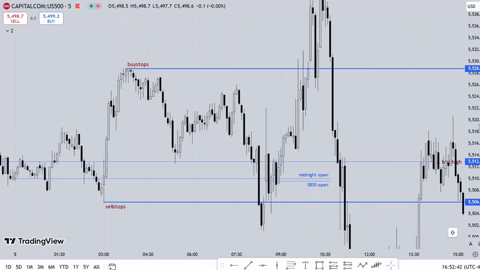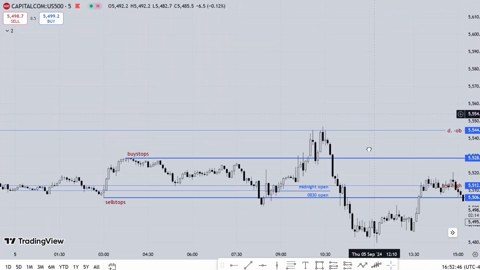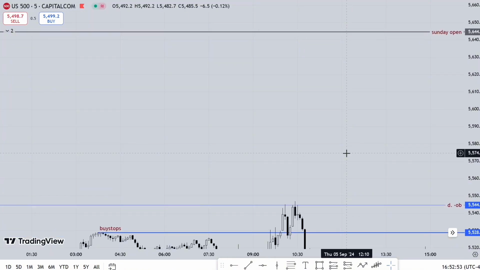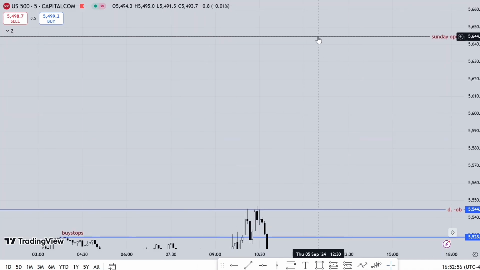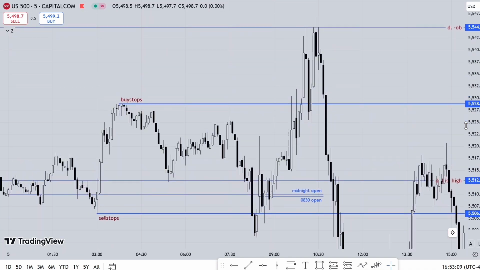And from the narrative, from the higher time frames, from the top down analysis we just did, we understand that we are currently below the Sunday's opening price. To be profitable, we do not need to get to the Sunday's opening price to offload all of our position.